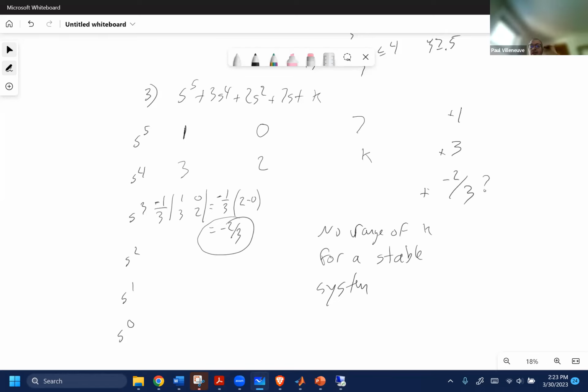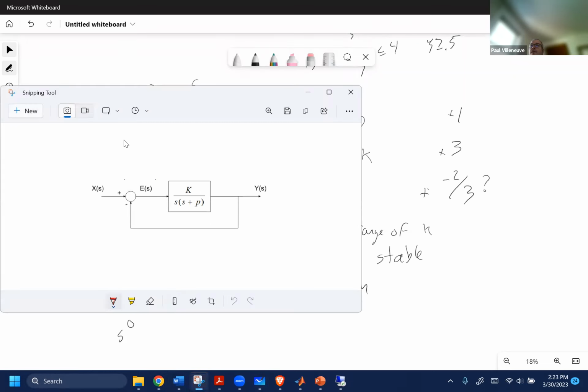I remember we did a bunch of problems with some values of k, and I think in the study session, we did one when we had a pretty limited range of k. This one, it doesn't matter the value of k. I personally appreciated that. Good. So was this a reasonable question?